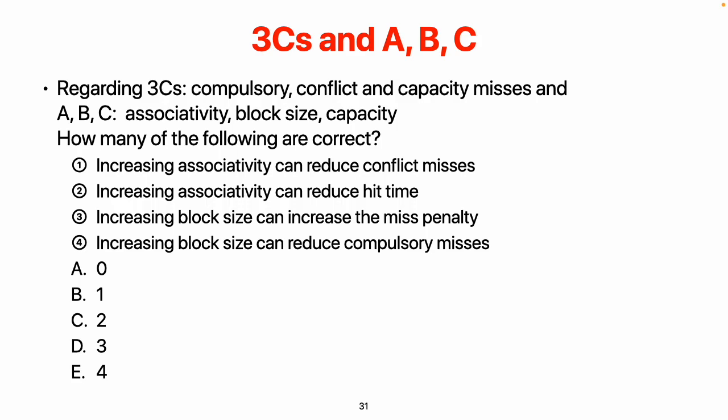However, if you increase the way associativity, then every time you access the cache, you need to activate multiple blocks within a set. At the same time, not just that, you have to compare many of them. And all of that can be done in parallel. So far it's good.